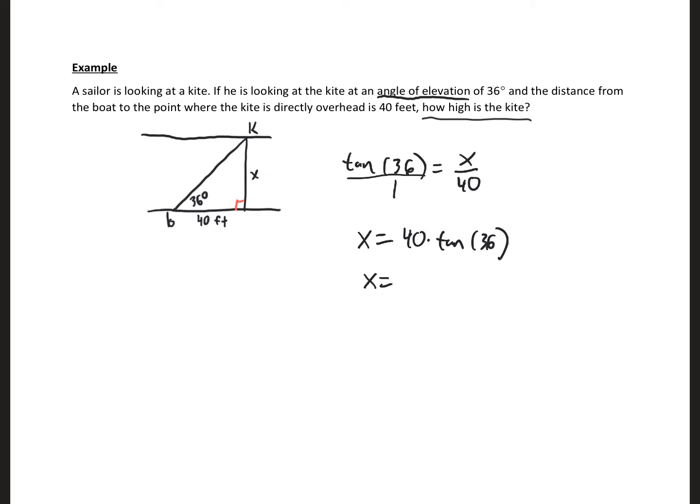Using our graphing calculator, that will give us 29.0617. And since the units are feet, we want to include that. This is 29.0617 feet. That's how high the kite is in the air.